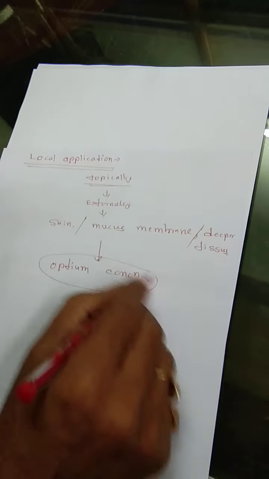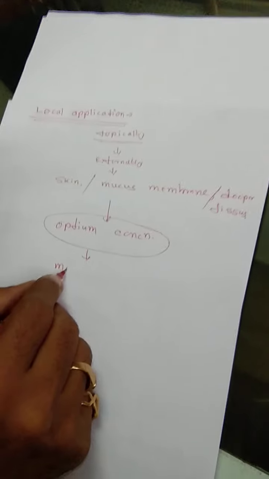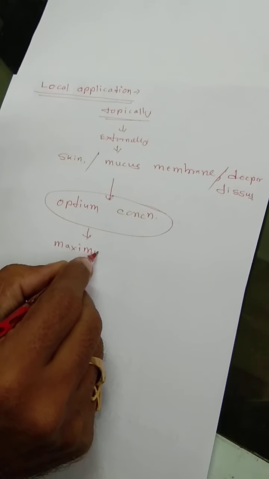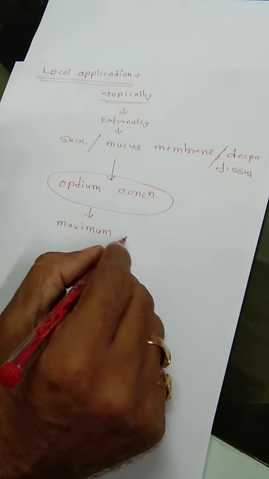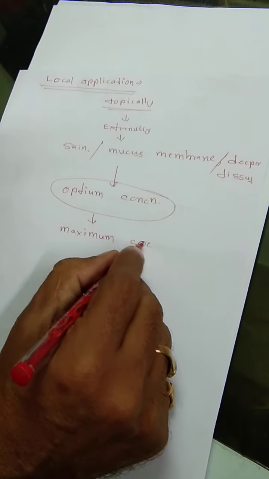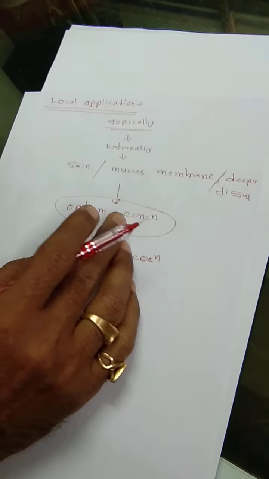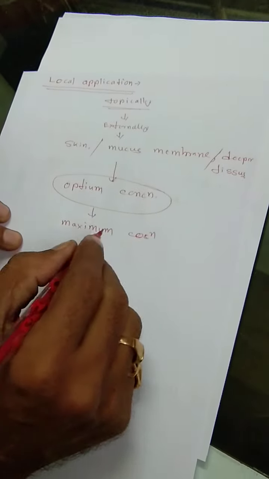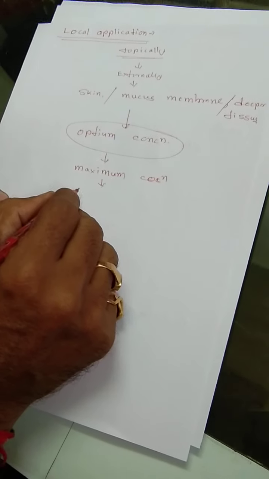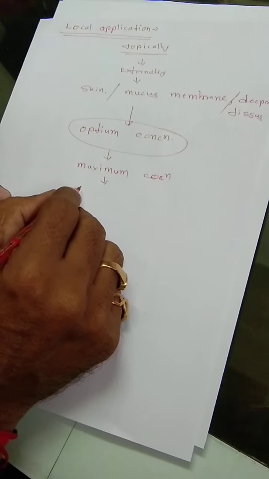Optimum concentration means the drug has a maximum concentration at the site, and it is applied topically in minimum quantity.